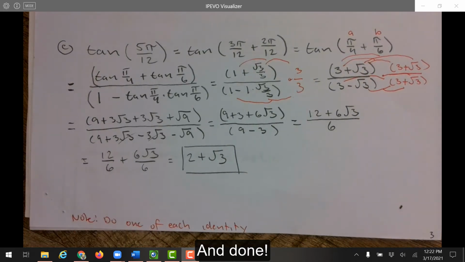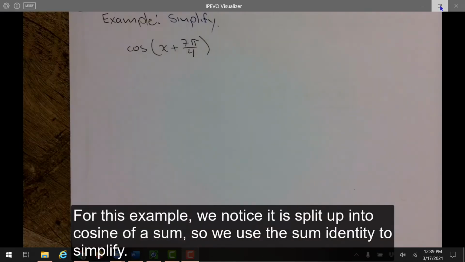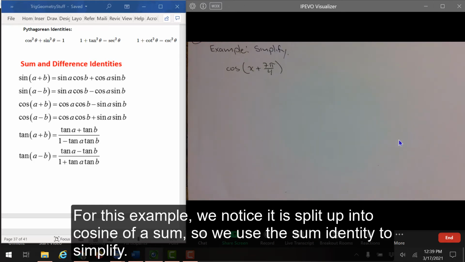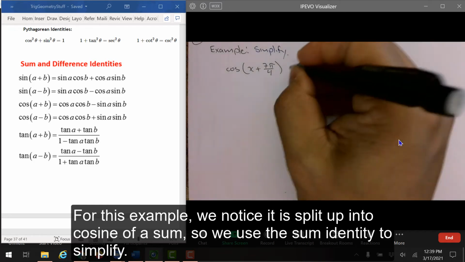And done. For this example, we notice it is split up into cosine of a sum. So we can use a sum identity to simplify.